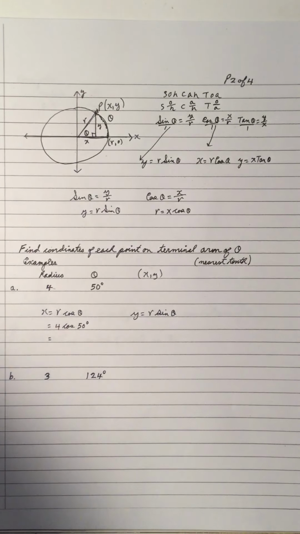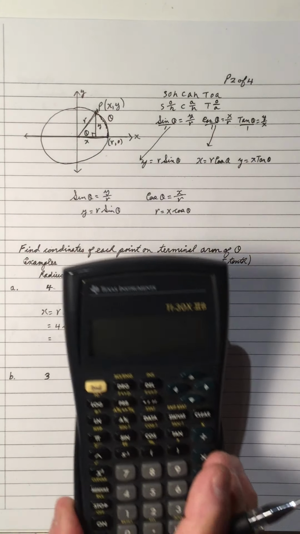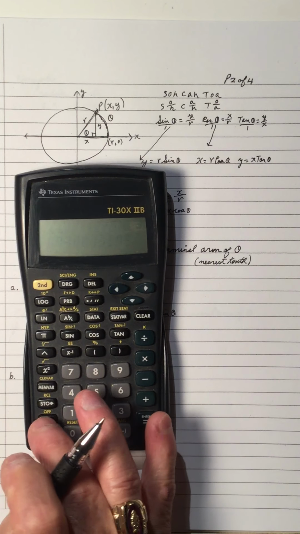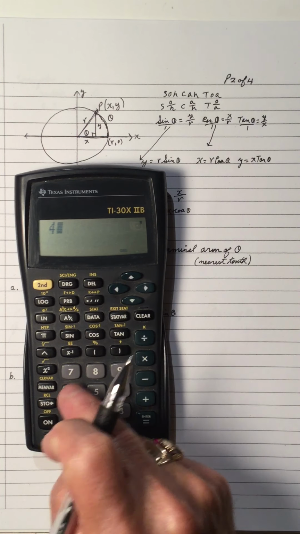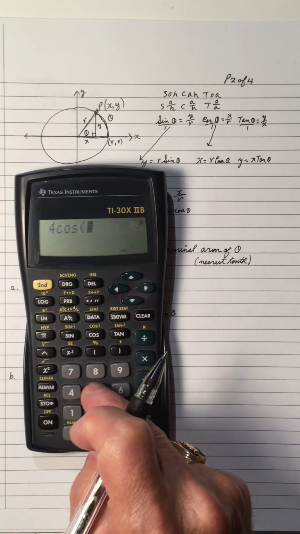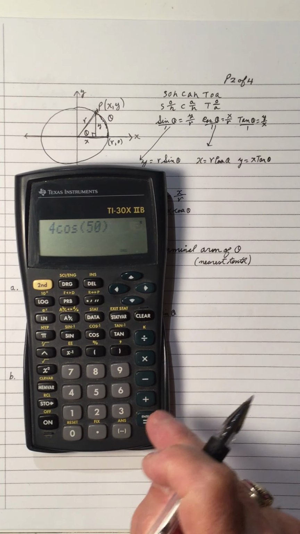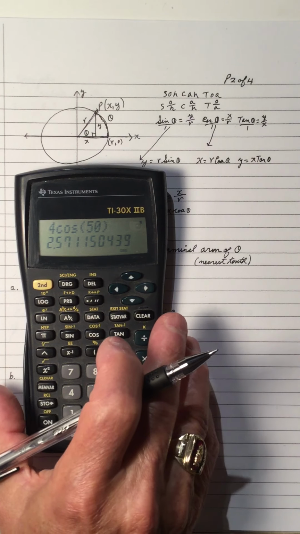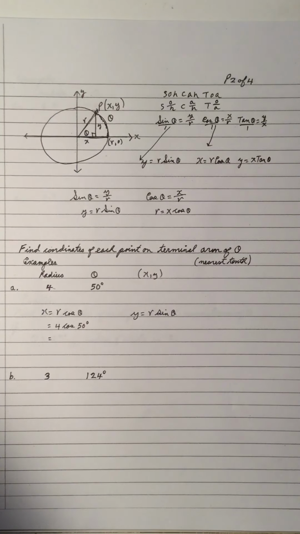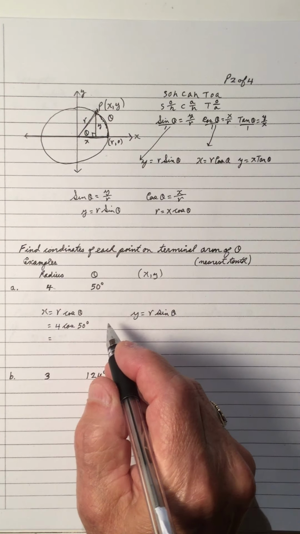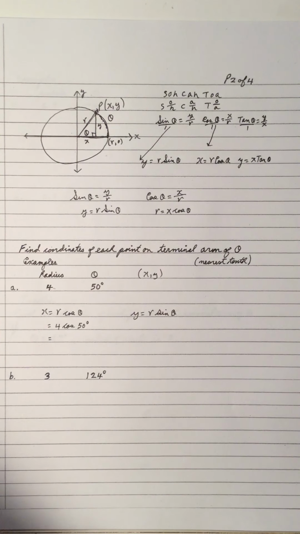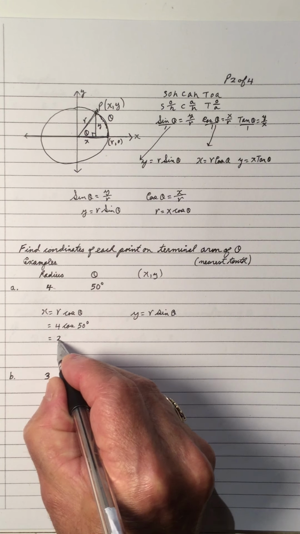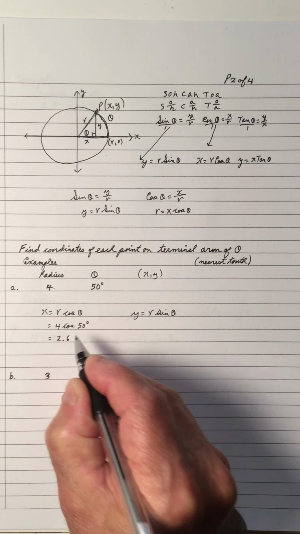And we pick up our calculator, and 4 cos 50, so we turn on our calculator and we go 4 cos 50 degrees, and we get 2.57, so it's 2.6. So it's 2.6 is the coordinate, the point.